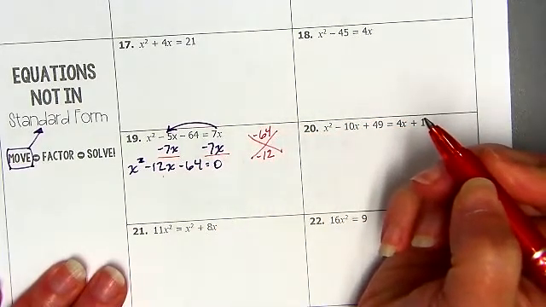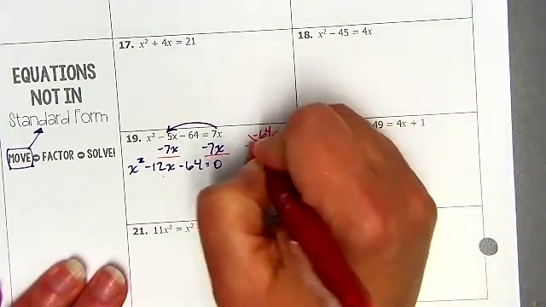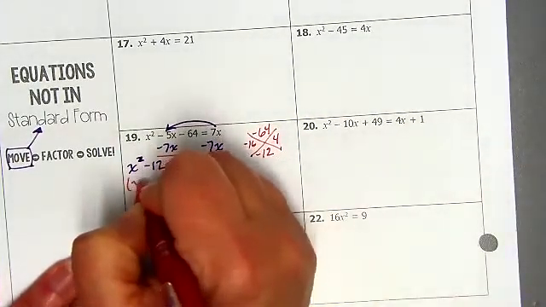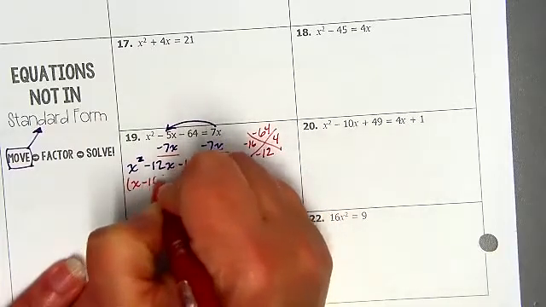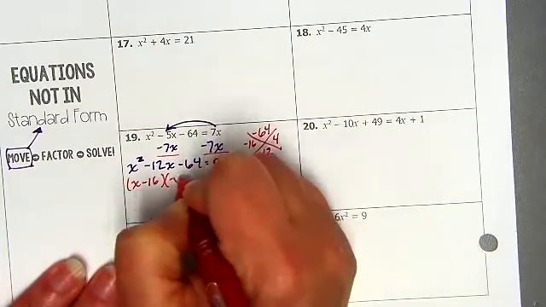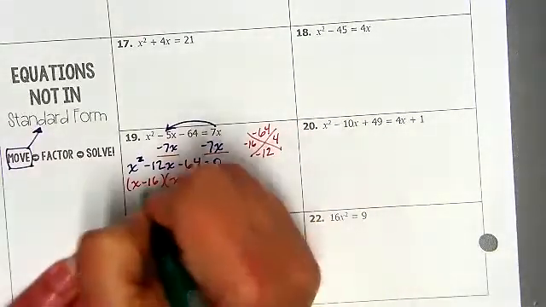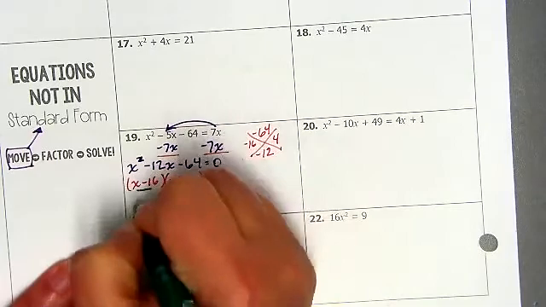And those are going to be negative 16 and 4. x minus 16 times x plus 4 equals 0. And we set each factor equal to 0.